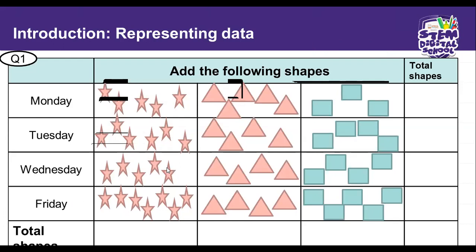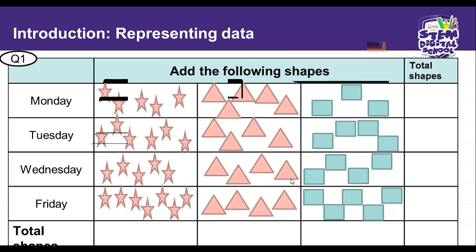How many stars do you have there? 5. 5 stars. And then if we want to add, how many triangles are here? 4. 4. Let's add the stars and the triangles together. How many? 9. 9.